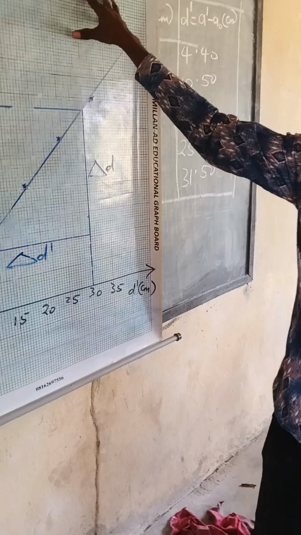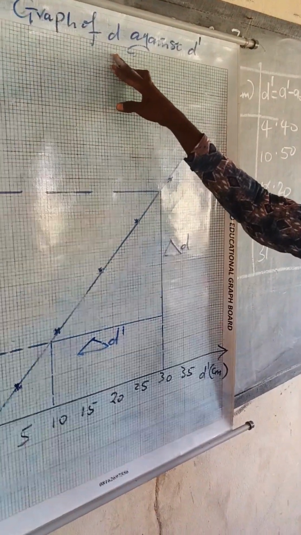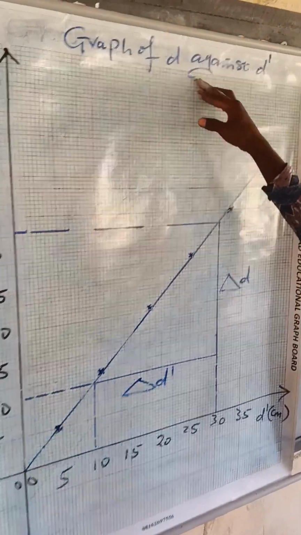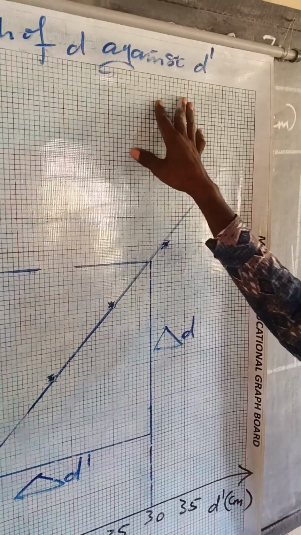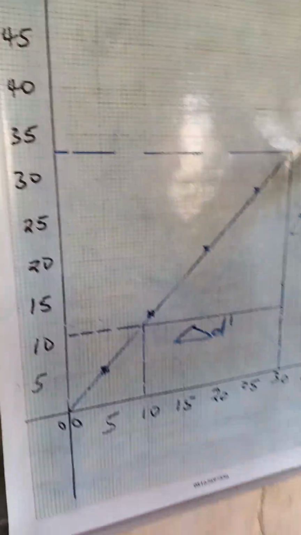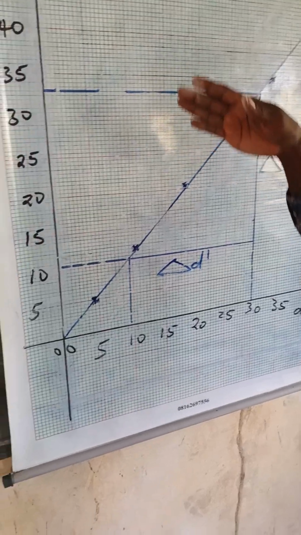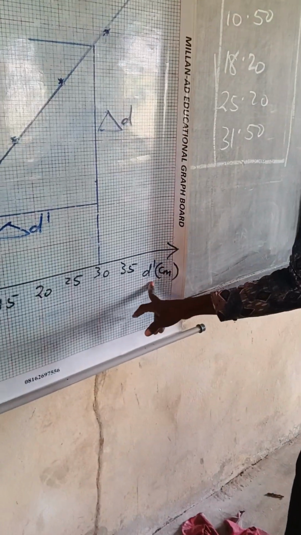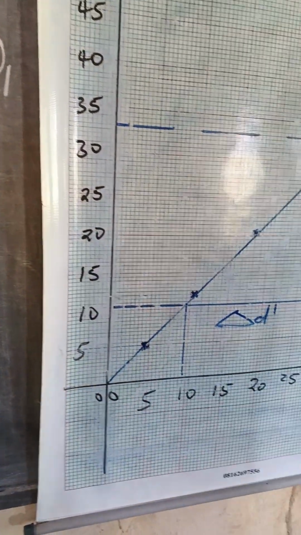So in the graph of the deflection in air against the deflection in water, we have a linear relationship between the deflection in air and the deflection in water. So the graph is a straight line that starts from the origin.